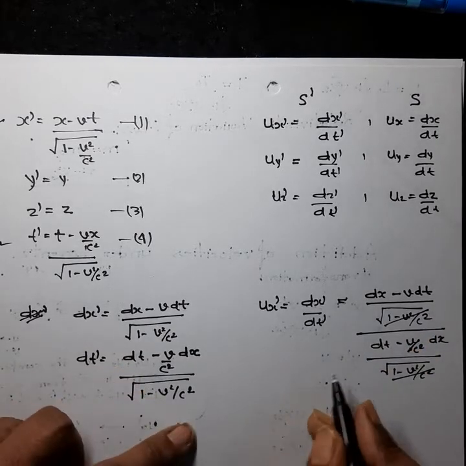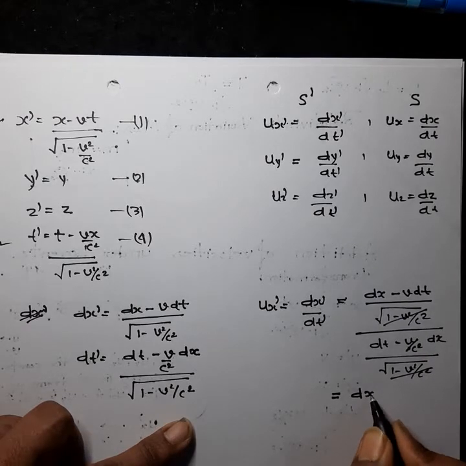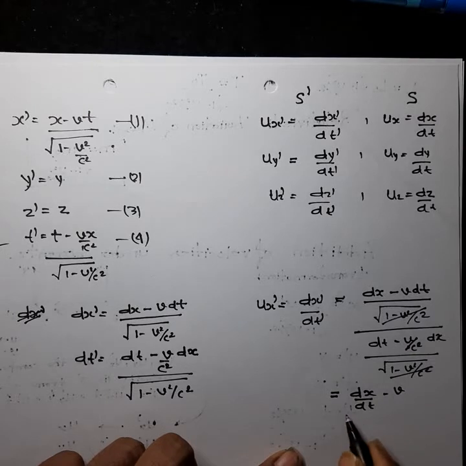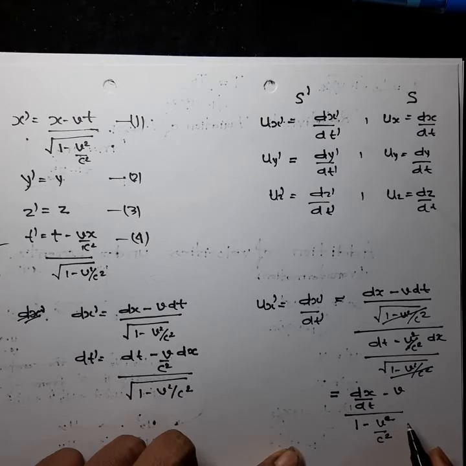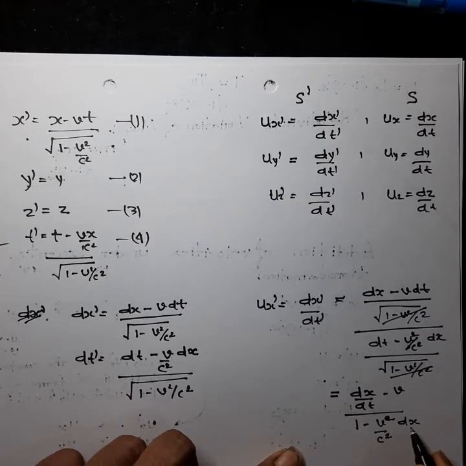So you can write this expression as dx by dt minus v is equal to 1 minus v square by c square times dx by dt.